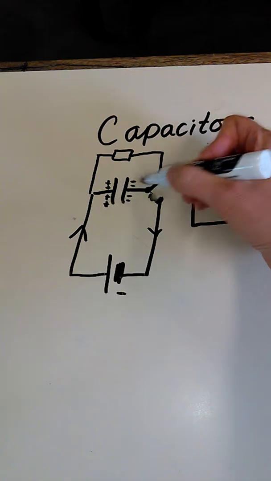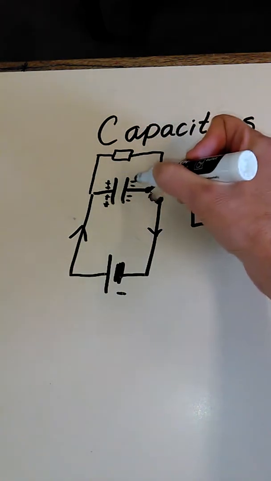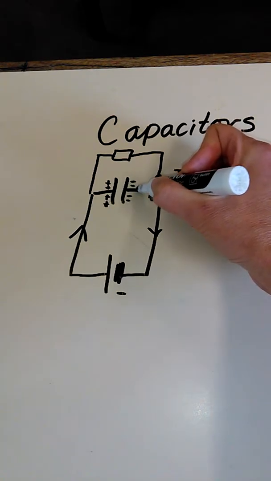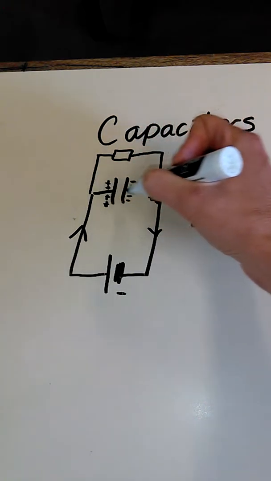First thing to note is these electrons will be going this way around the circuit. So if we had an ammeter here, when we were charging it, it would pick up the electrons going through one way, maybe a positive current. When we're discharging it, the electrons will be going the other way, so a negative current.